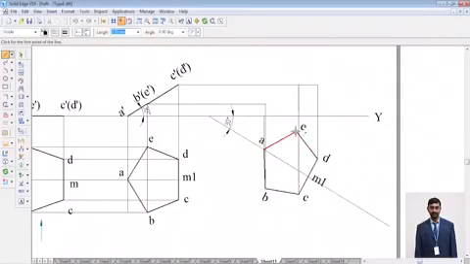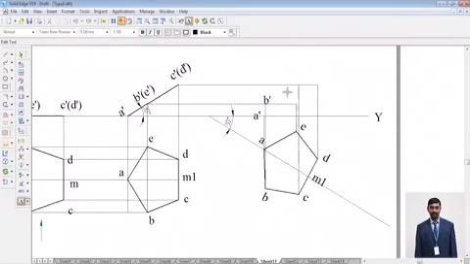And next, E and B are on the same projection lines. Next, I'm going to name this. This is A dash, B dash, C dash, D dash, and this is your E dash.